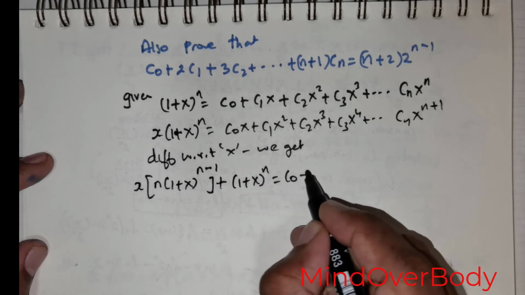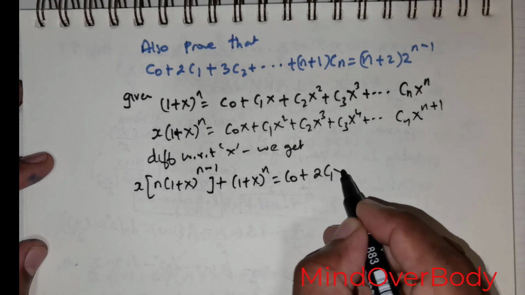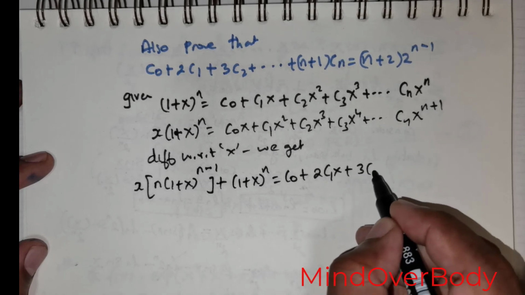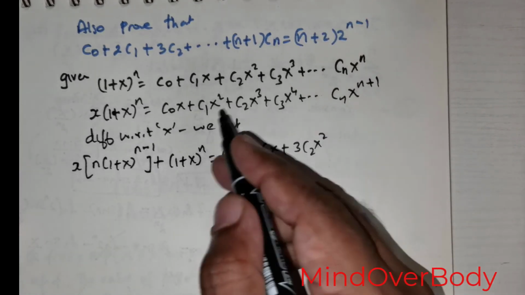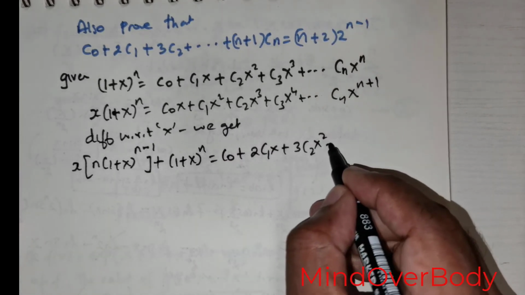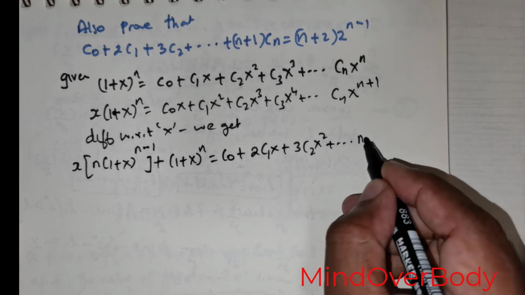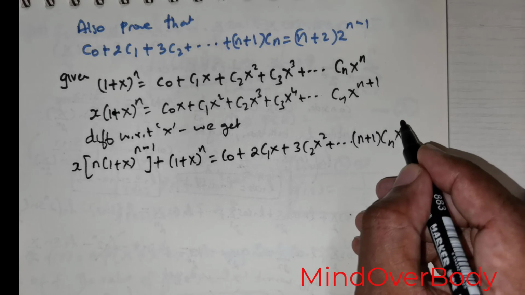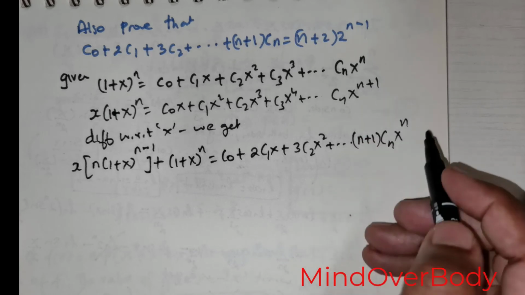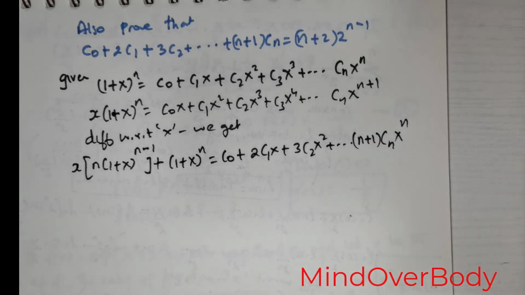This is going to give me c0 + 2c1x + 3c2x² and so on and so forth. This is going to give me (n+1)cn x^(n+1-1), so that's going to be x^n there.